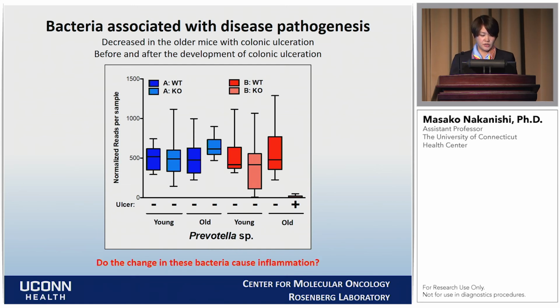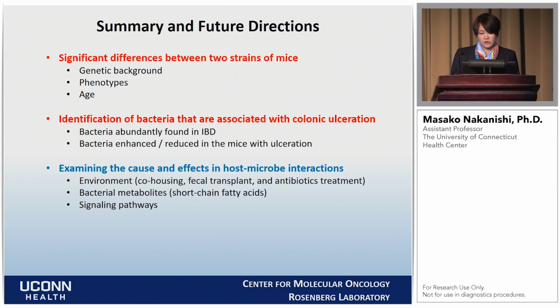One of them is, do the changes in these particular bacteria cause inflammation or vice versa? So now we're currently examining the cause and effects in host microbe interactions by changing the environment. For example, we're co-housing strain A and strain B mice together to see if they exchange any microbiome profiles.